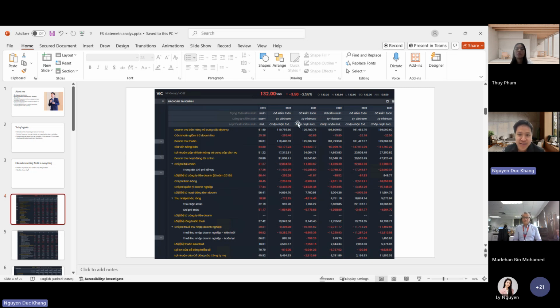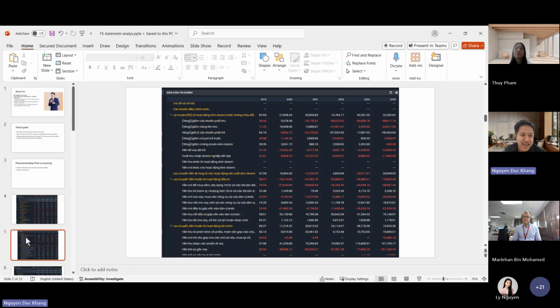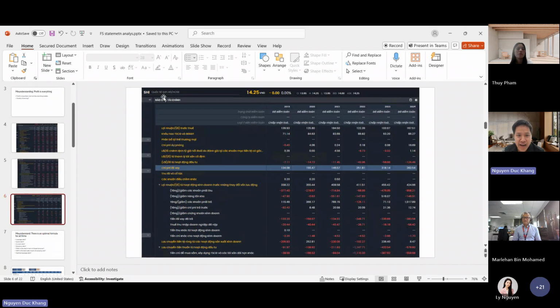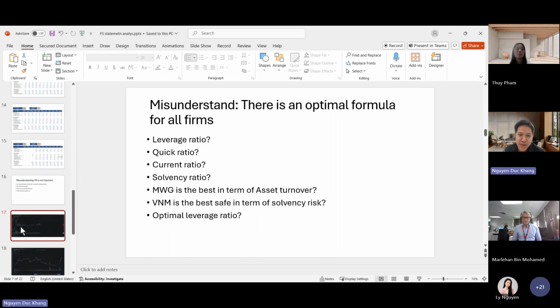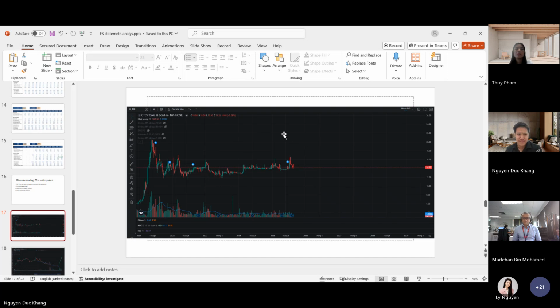For most people in Vietnam, Vingroup is just very big, too big to fail. And HHI is a small one, but I think popular. But looking at their financial statements and stock prices, you can see that over the 5 years of earnings, the stock price of SSI has almost not increased at all.